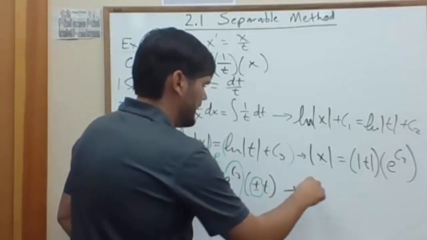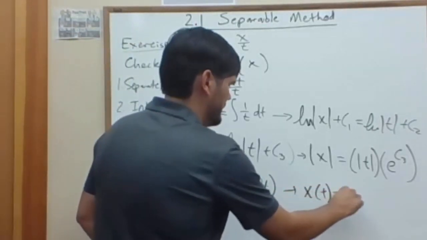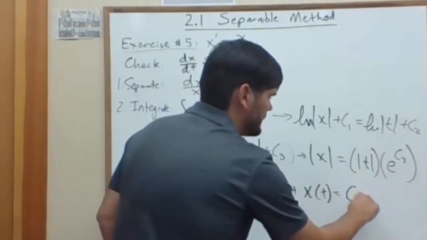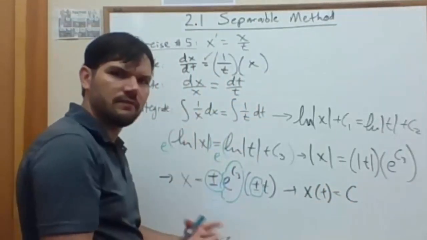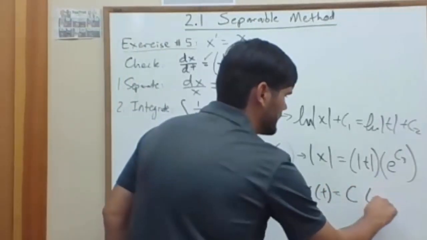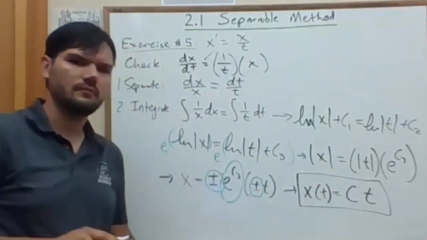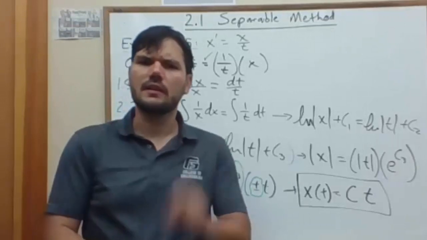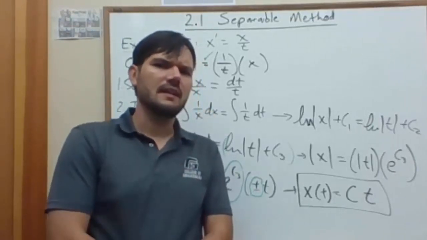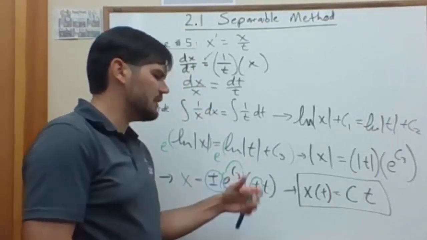So I'm going to write this as x of t equals c, our final constant, times t. So there's our answer.